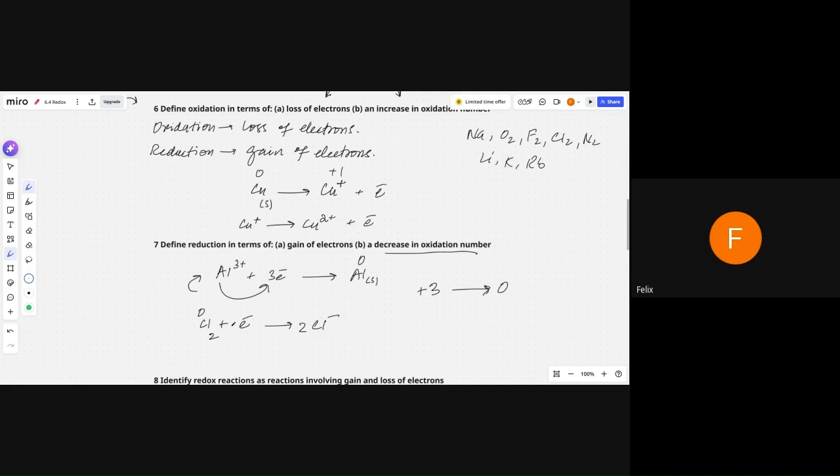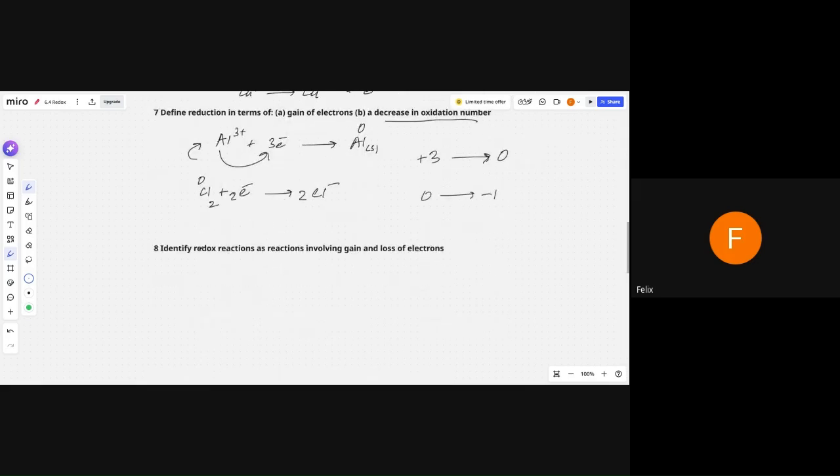And after it gained an electron, you can see that the oxidation number changed to negative, so it decreased. From 0, it changed to -1. So this is how we define reduction. Whenever an element gains electrons, that is reduction, and as it gains electrons, its oxidation number decreases. I hope this is clear. We move on to the next part.